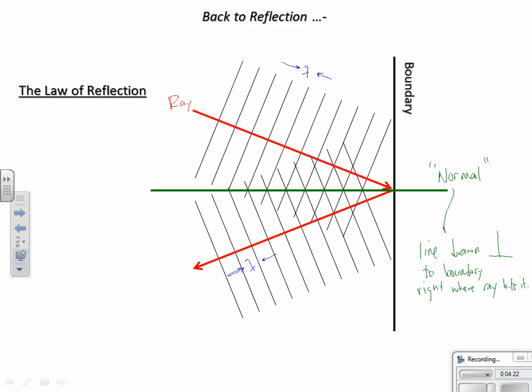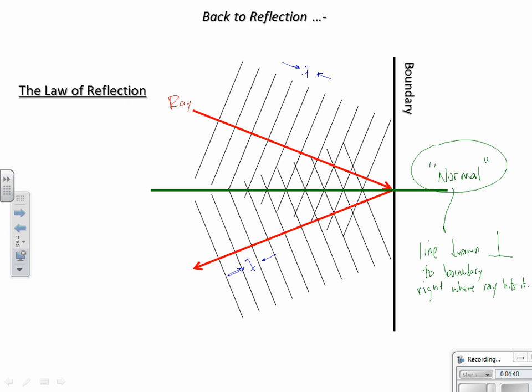You're going to draw normals for anything we do in what we call physical optics or geometric optics. I'll show you why it becomes more important in our next look, when light goes through boundaries.